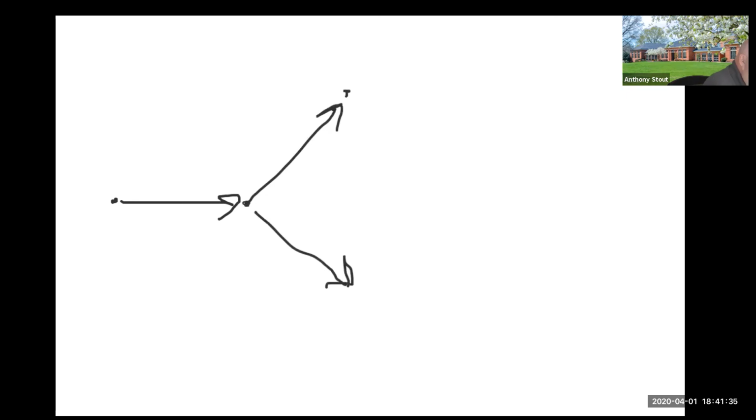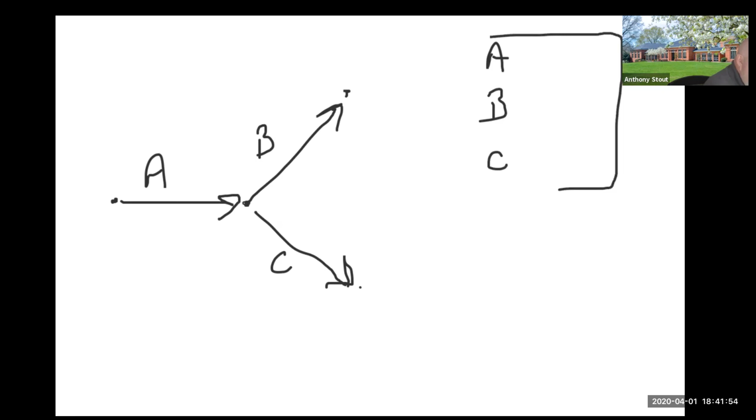So if this is A, this is B, and this is C, my table over here is going to have A, B, C, and I'm going to skip the duration.